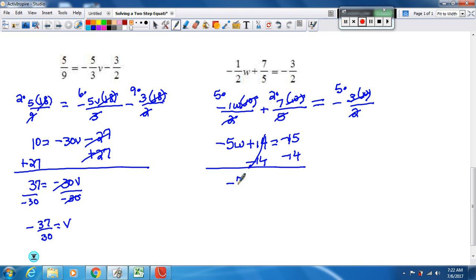Negative 5w equals negative 15, and a negative 14 is a negative 29. Divide both sides by negative 5, so that w is by itself. Top cancels with bottom. W equals, top negative cancels with bottom negative. 29 over 5 does not simplify, so you just leave it as 29 over 5.